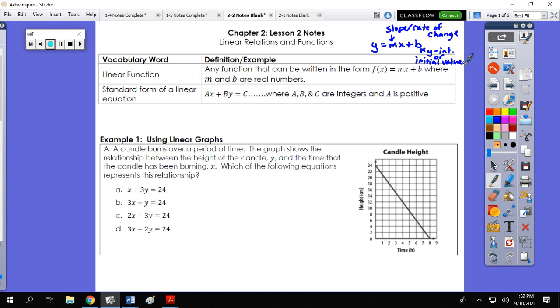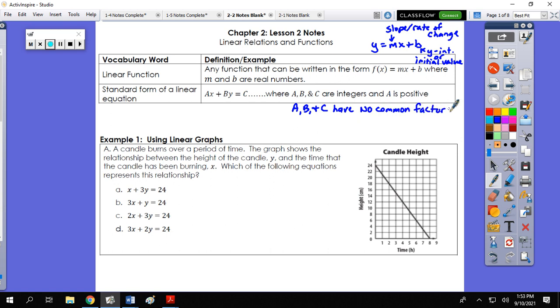Now, the other form of a linear equation from Algebra 1, which you probably worked with a lot less, is called standard form of a linear equation: Ax plus By equals C. In that format, A, B, and C must be integers, A must be positive, and A, B, and C do not all three have common factors.